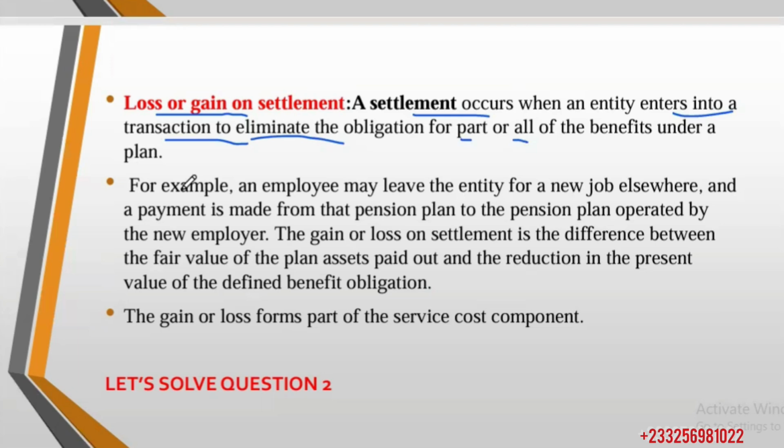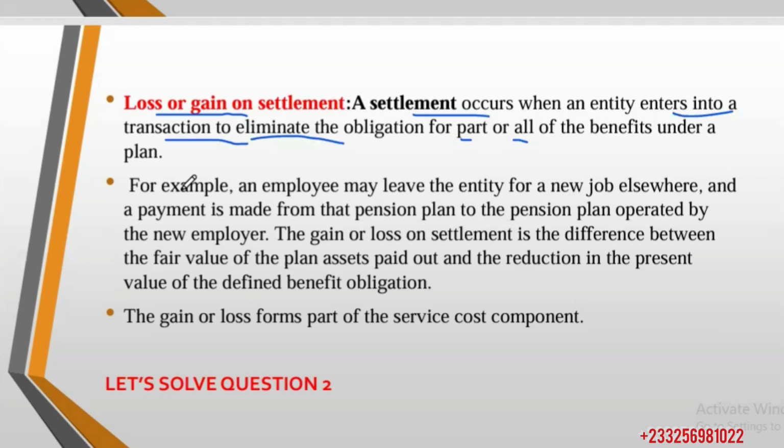So this is what it means. You see, if an employee is leaving a scheme, or is made redundant, or is moving to a new organization or new job, right? And you pay or transfer their plan asset into the scheme of a new employer.